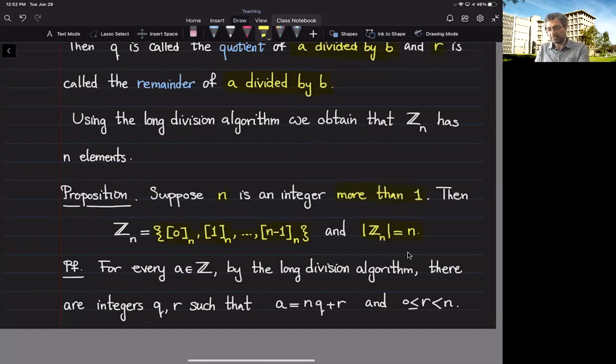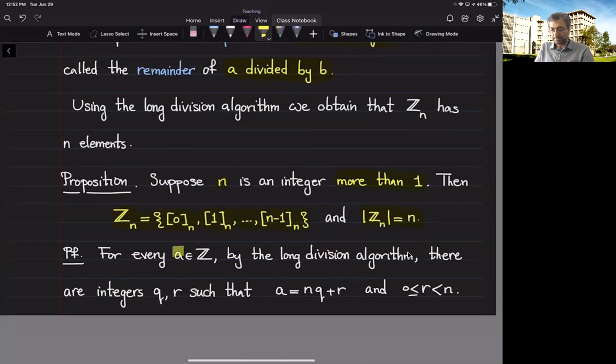Okay, so let's see why this is the case. Let's start with the first claim, that every element of integers modulo n is a residue class of i, the mod n residue class of i, for some i from 0 to n minus 1. Okay, we start with an integer a, and I'm interested in the residue class of a mod n.